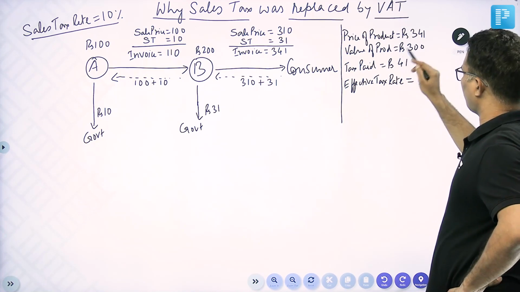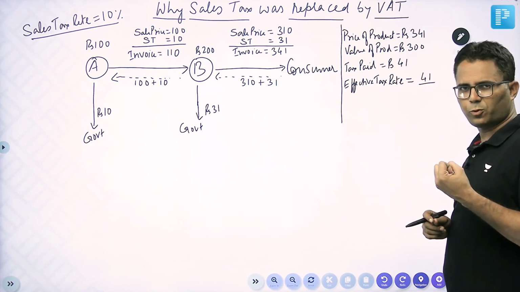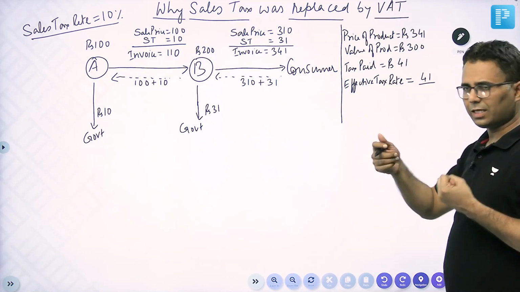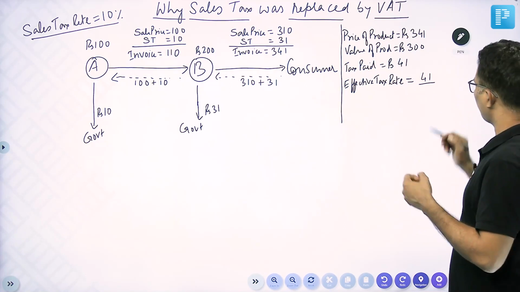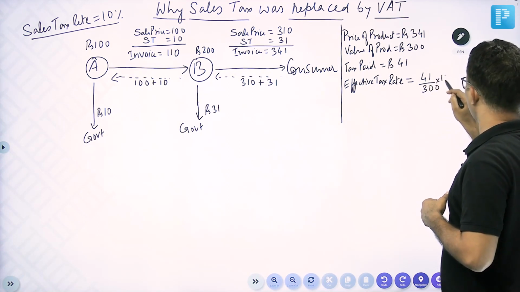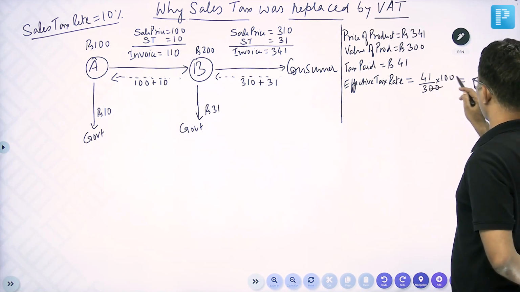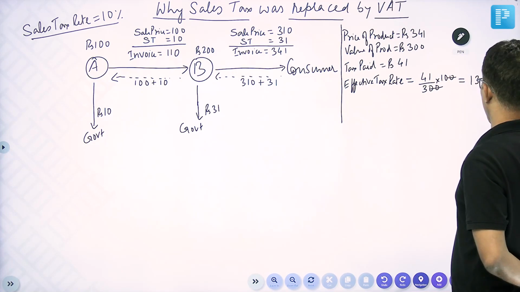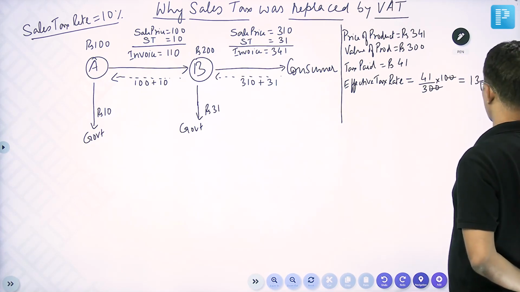Tax paid 41, value of the product 300. So to get a product of value 300, the consumer is paying 41 tax. So on 300 value of the product, the consumer pays tax 41. So 41 upon 300 into 100.